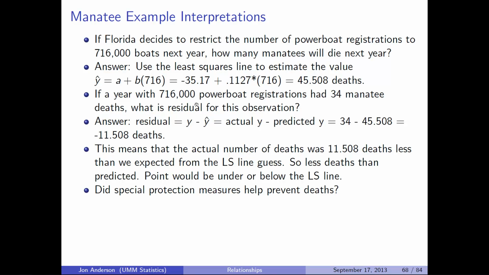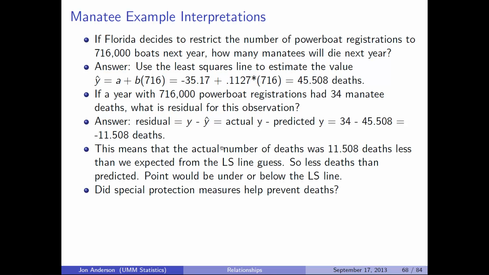If you had a year where there were 34 actual deaths, what's the residual? Well, the residual will be the actual number of deaths of 34 minus the predicted of 45.508, and that would be a residual of about negative 11.508 deaths.